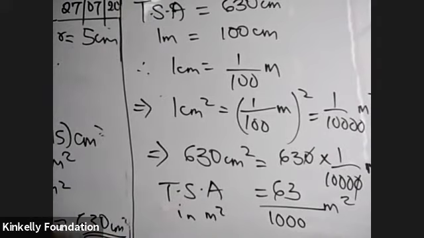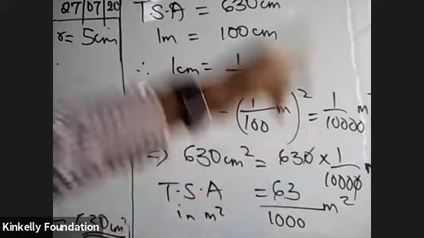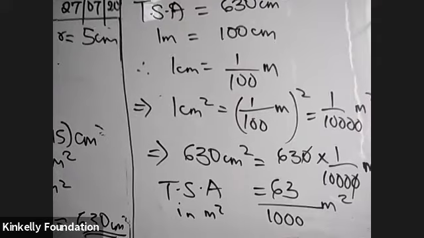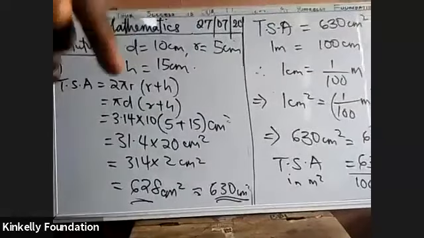Having noted this, they say you should find the cost of that plate if it is 4,500 per meter squared, which means that you are going to multiply this by 4,500. Now, let's go to this side.